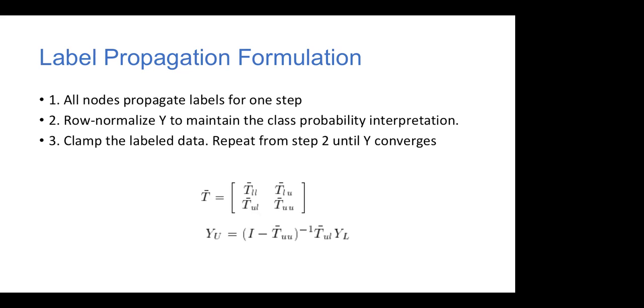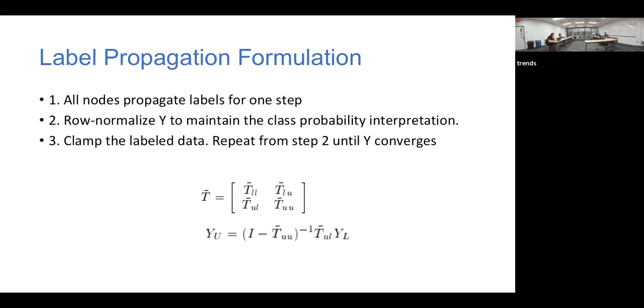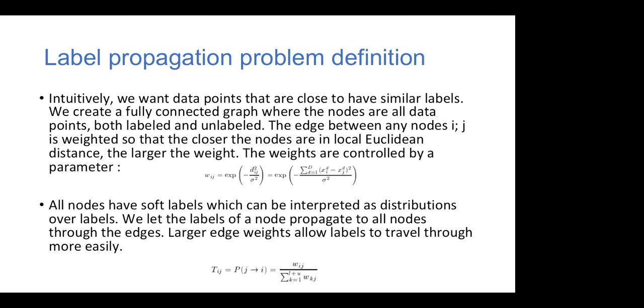I think that's true because in the example before, if you go back, isn't the way they form the probabilities just using the Euclidean distance and then normalizing? So then obviously it's going to be symmetric because Euclidean distance is symmetric. Yeah, this is 100% symmetric. I think the whole matrix T bar is not symmetric, but the UL and LU are.